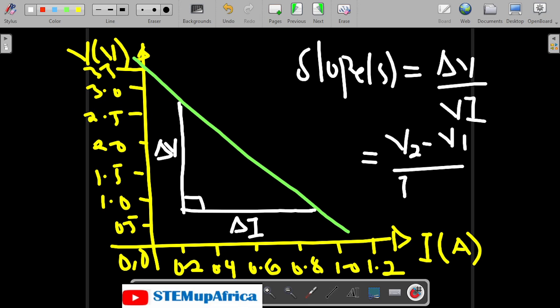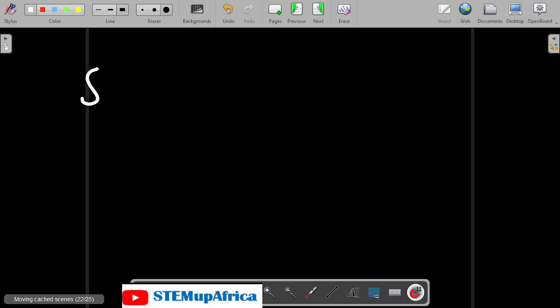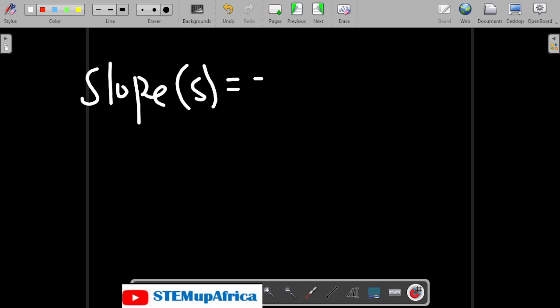Here will be I1 minus I2, which is the negative value we are talking about. So when you pick any two suitable values in that point, your slope should be able to give you minus 1.75 to minus 2.0 ohms.